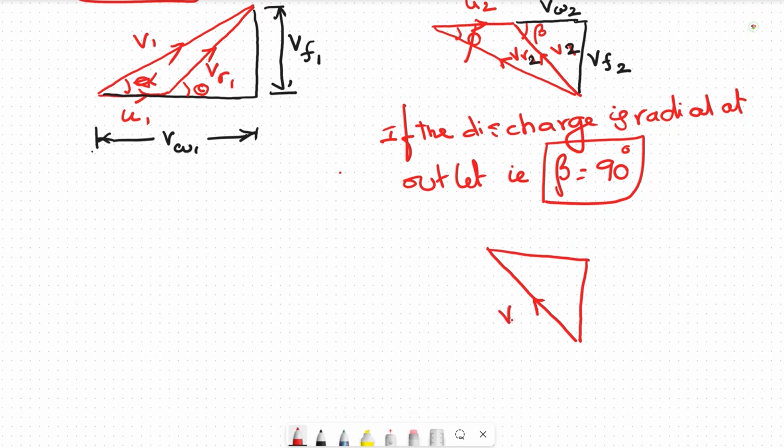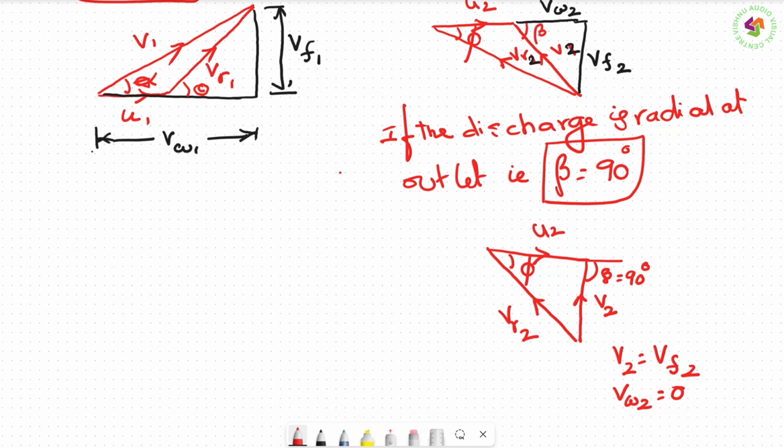This is VR2, this is U2, and this is V2, and this angle is phi, and this angle beta is equal to 90 degrees. In such a case, V2 is nothing but VF2 and VW2 is equal to 0. So this is exclusively for Francis turbine. The earlier one is general, this is Francis turbine.